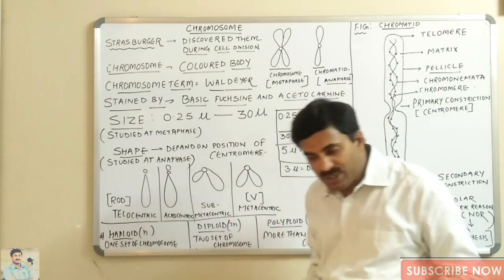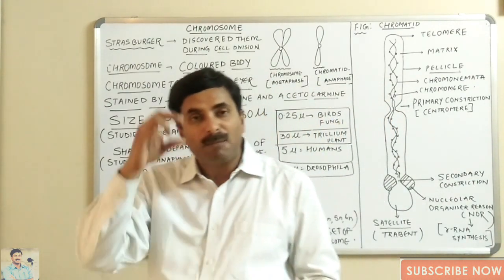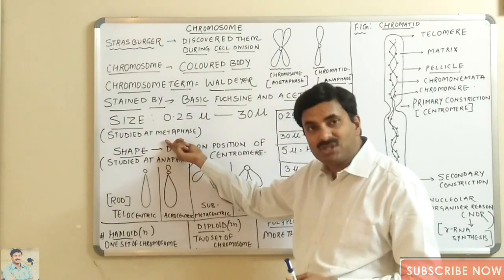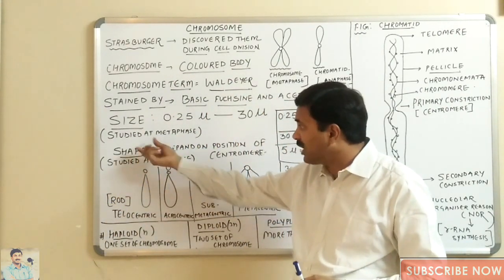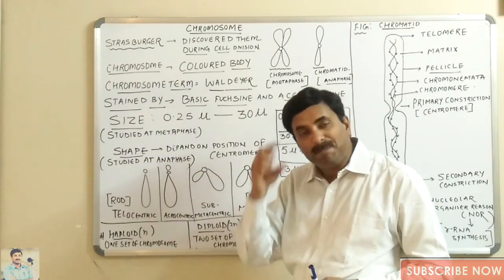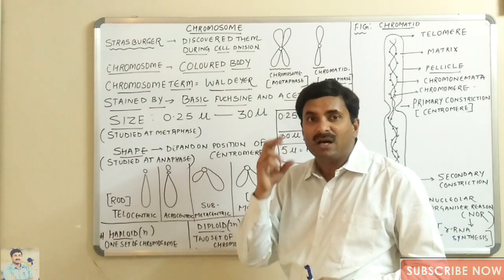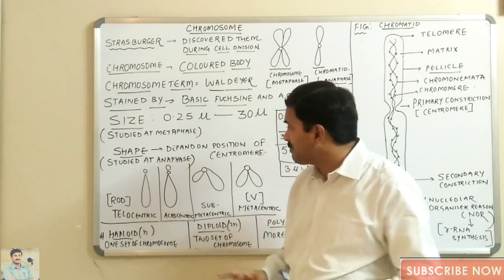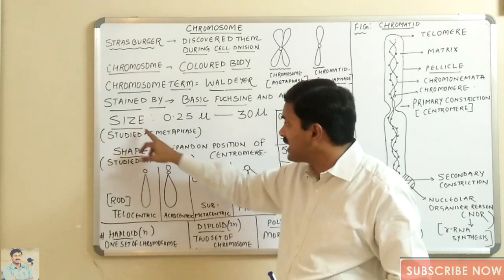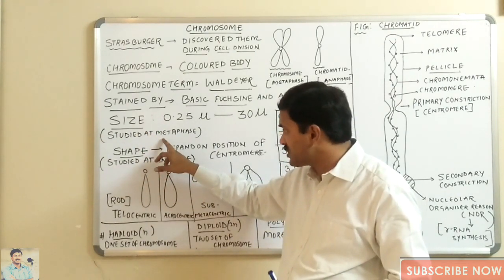And if we want to study the size of the chromosome, the best stage of the cell division is the metaphase stage. And now see the shape. If we want to study the shape of the chromosome, the best stage is the anaphase stage of the mitosis. So shape can be studied at the anaphase stage and size can be studied at the metaphase stage.